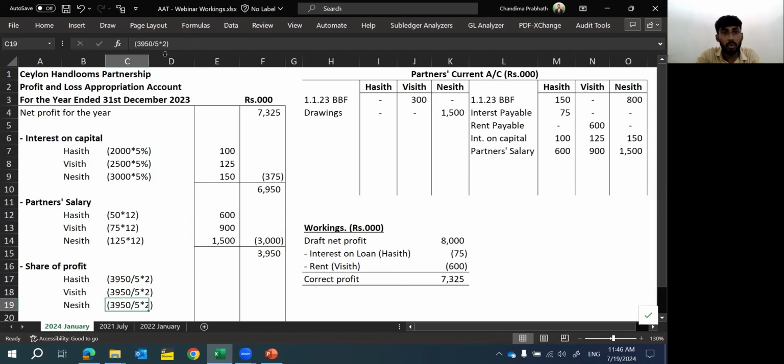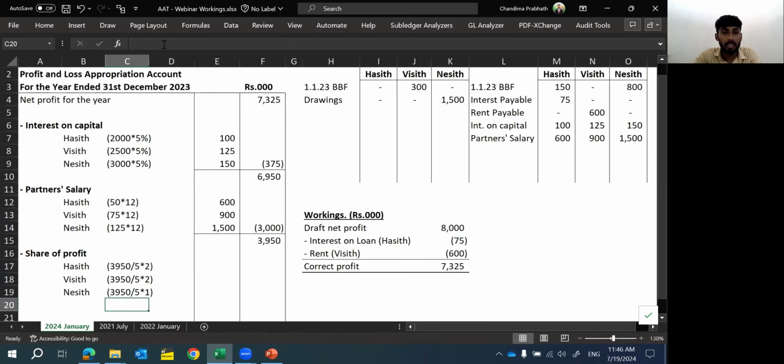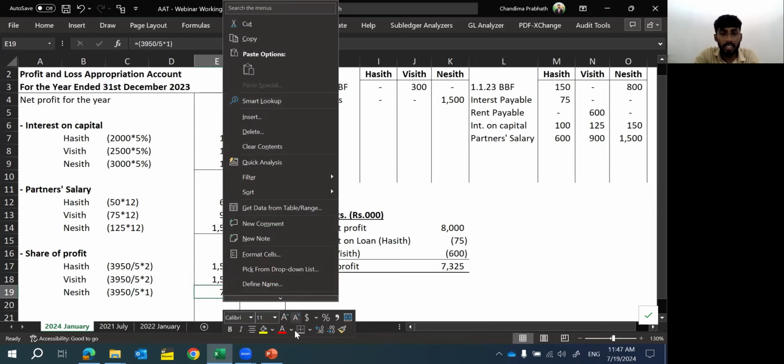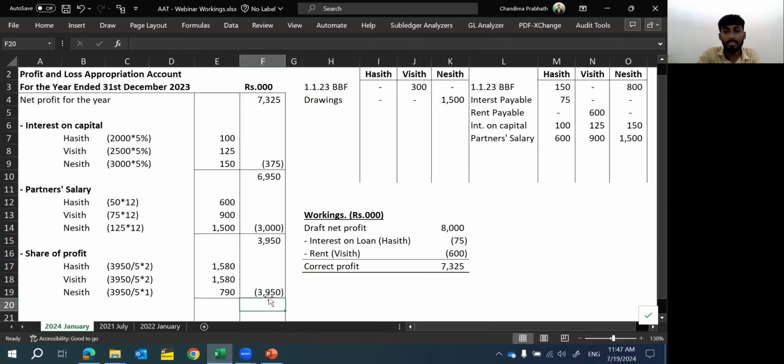And then the balance one, 2 to 1. So I divided by 5. Okay. It's very easy. Okay, 1580, 1580. Then 790. Now, if I take the total here, it will be 3950.